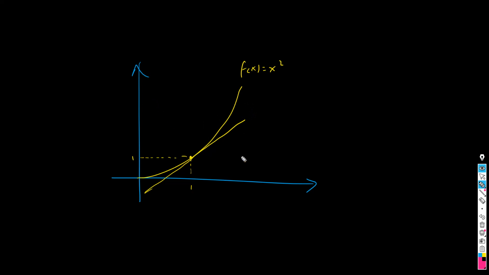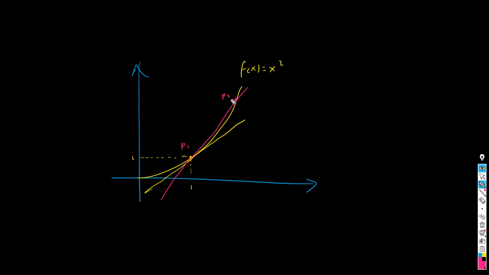If you remember how we did this process, basically we used another point over here, any other point. We called this point P1 and this one P2. We got the slope of the secant going through P1 and P2.